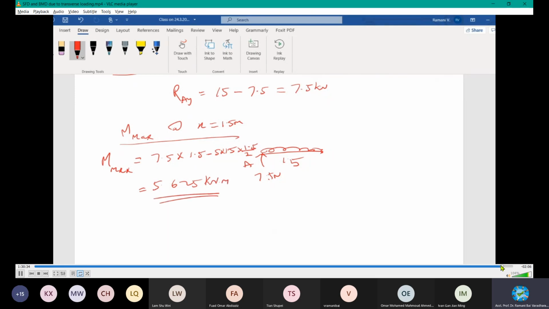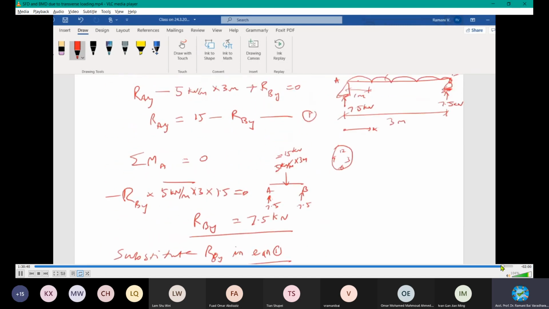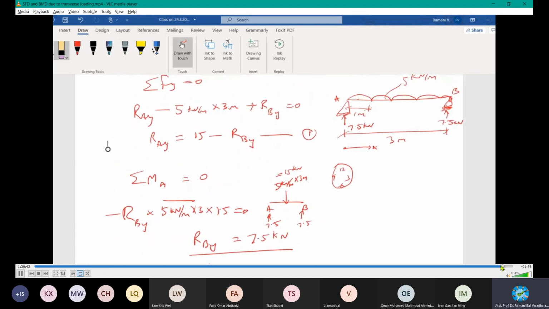See the answer. So we got the answer. We can plot it nicely like this diagram. Let's use the same diagram here so that you have all the answers done.